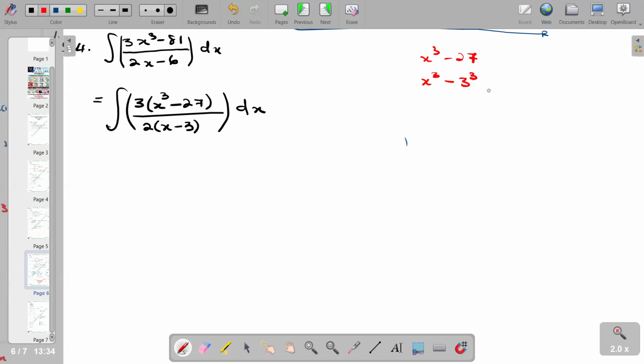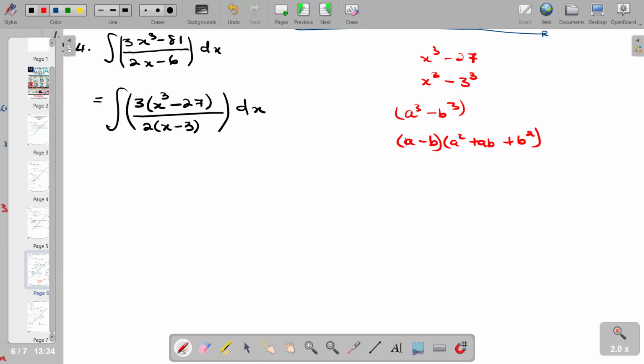So this is difference of 2 cubes. And we know difference of 2 cubes, we have a formula. If you are having a cubed minus b cubed, when you factorize, you end up having a minus b, then a squared plus ab plus b squared.